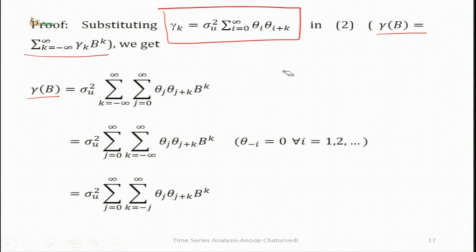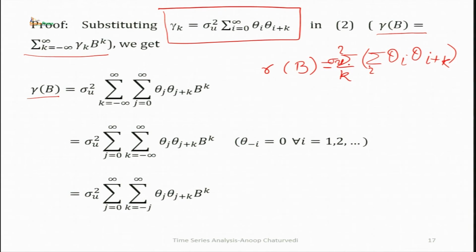You have replaced this gamma k by sigma squared u summation over i theta_i theta_{i+k}, and B to the power k. So, in this expression we have replaced gamma k by this value of gamma k.